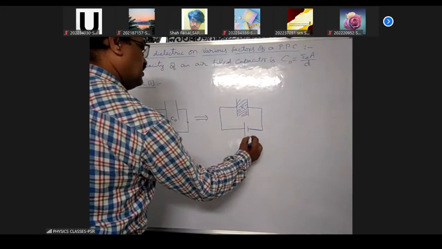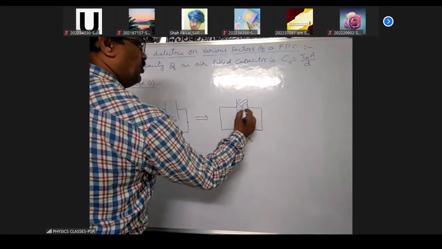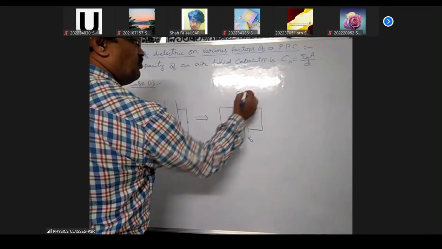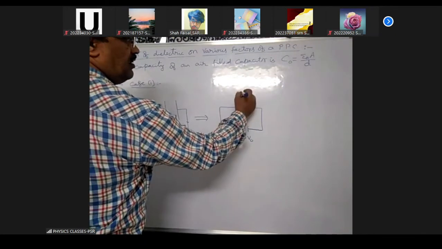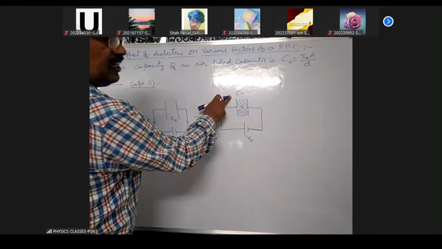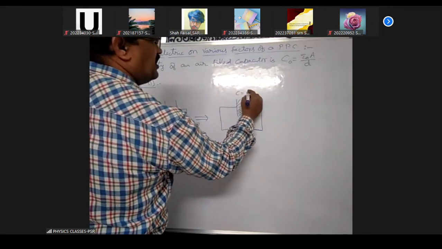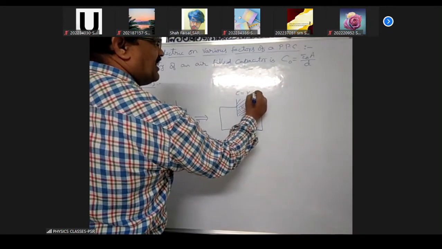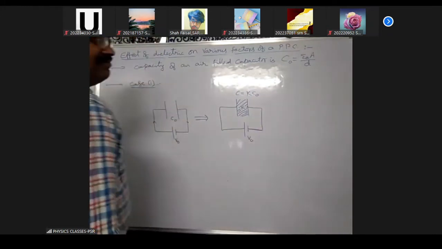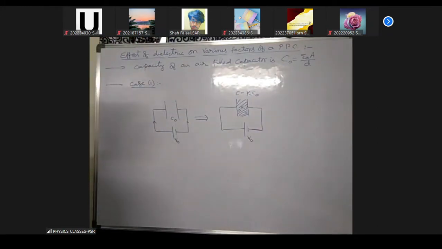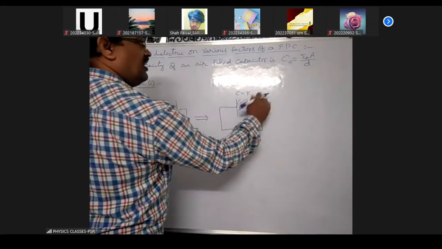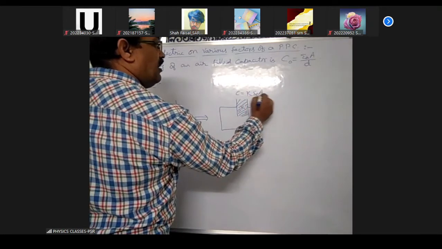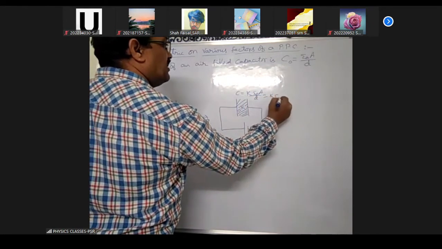This is V0. Now, what about capacity? C is equal to how much? C is equal to K epsilon naught A by D, which is equal to KC0.